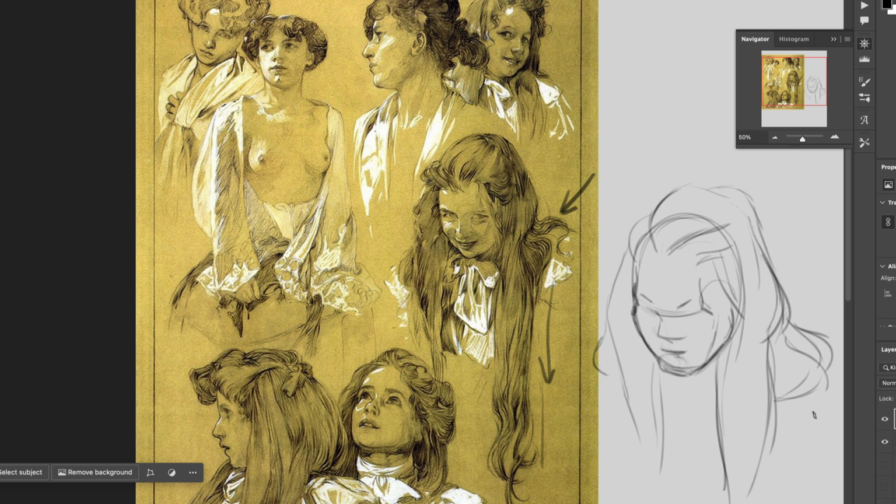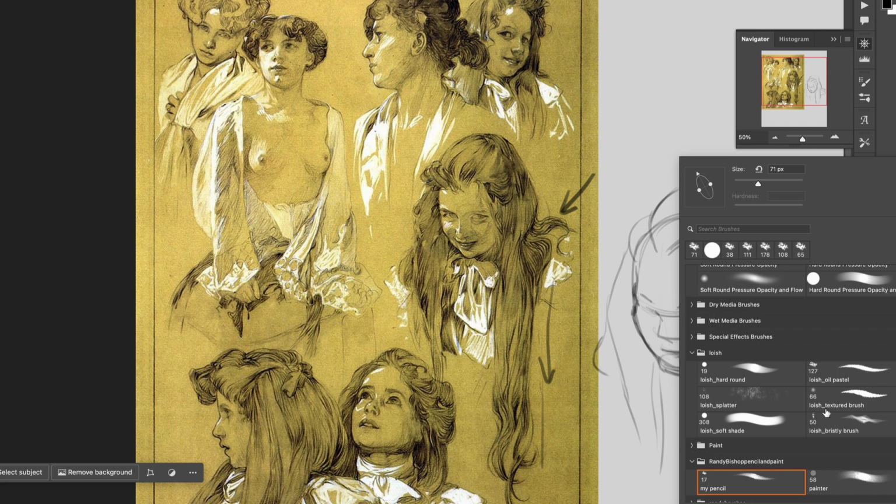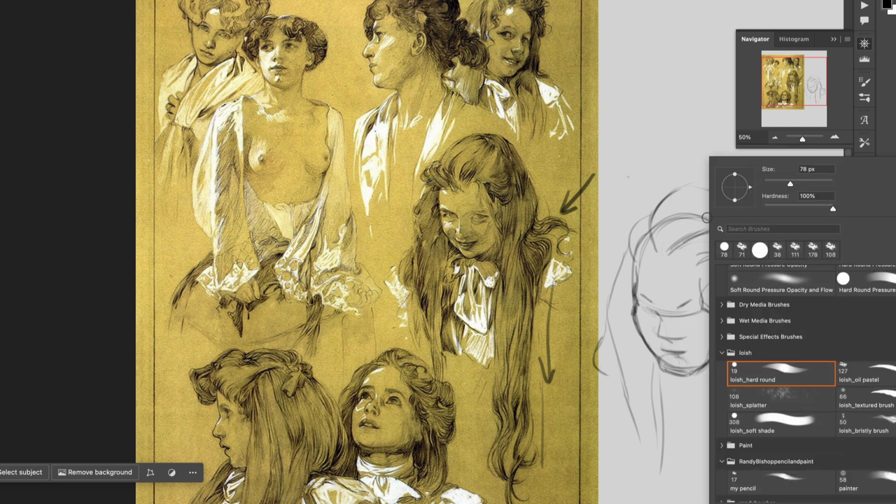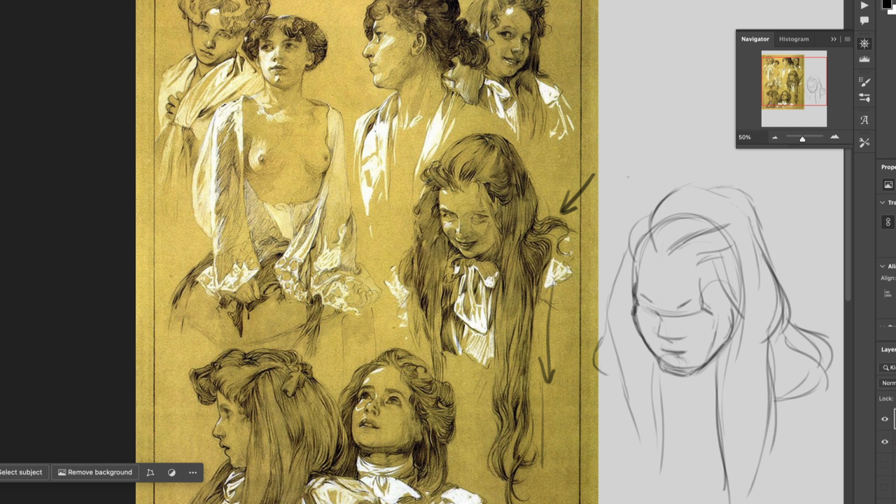So once he got the individual volumes down, then what he can do, when he goes back into it, use a smaller one here. So like, all right, this is light, and that's dark, right?